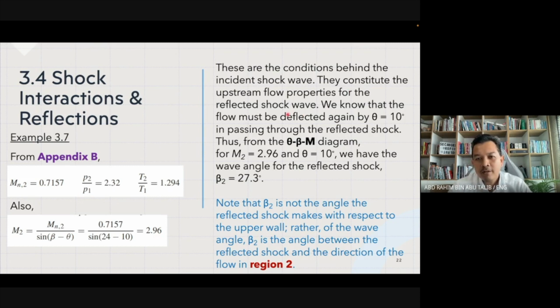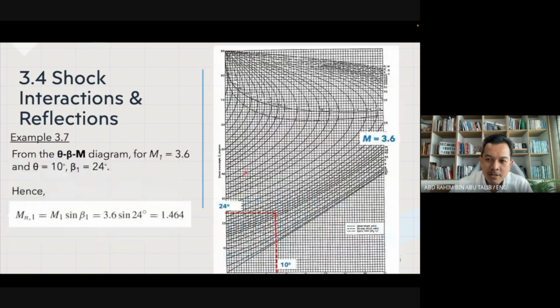We know that the flow must be deflected again by 10 degree in passing through the reflected shock, and thus from the theta beta M diagram, for the Mach number in region 2, 2.96, as well as theta equal to 10, we will get the answer using this chart again.